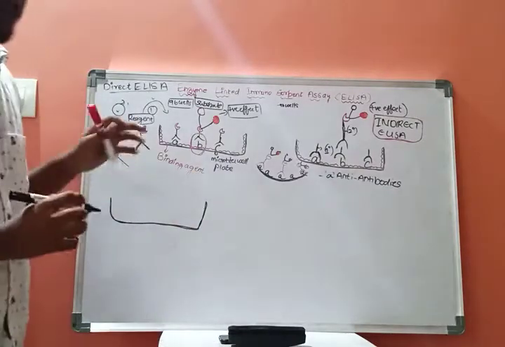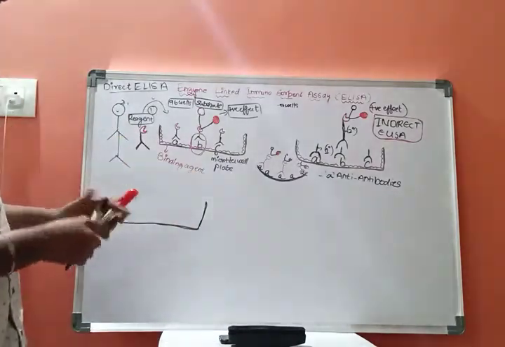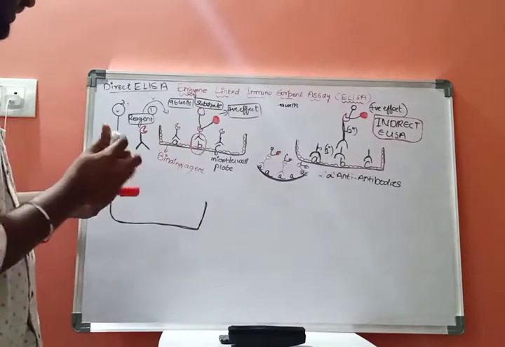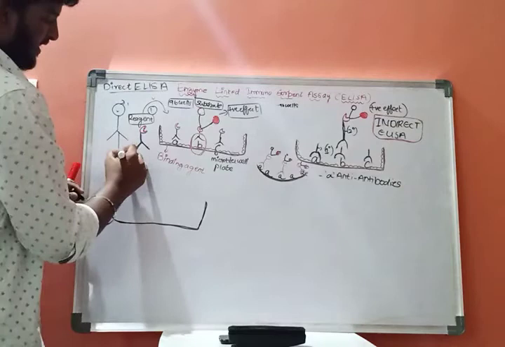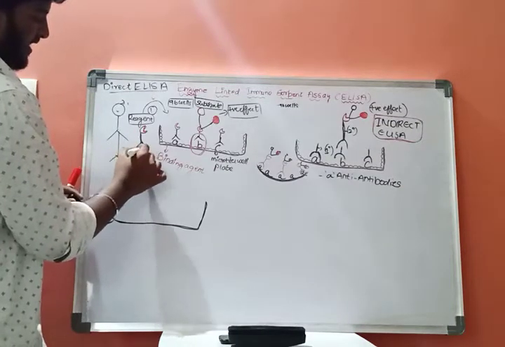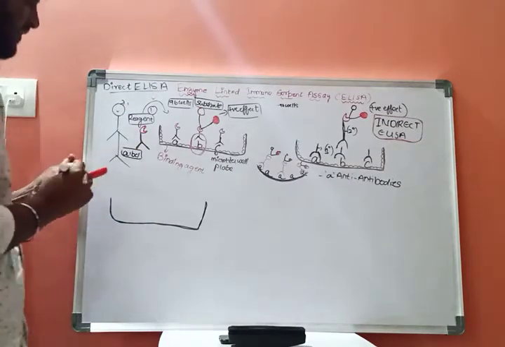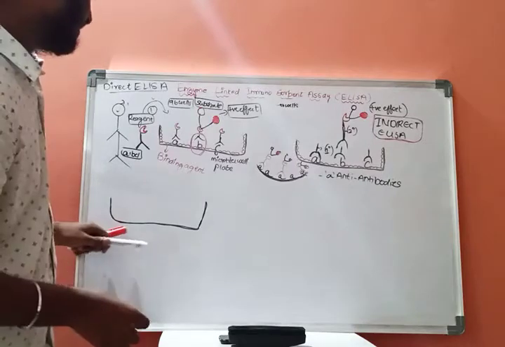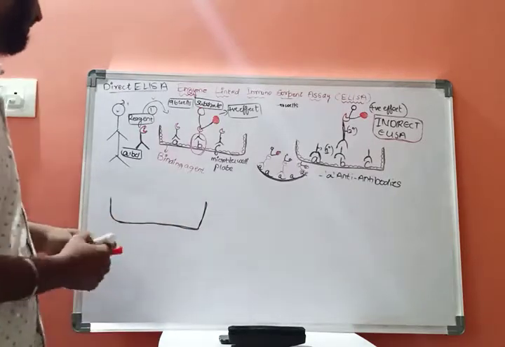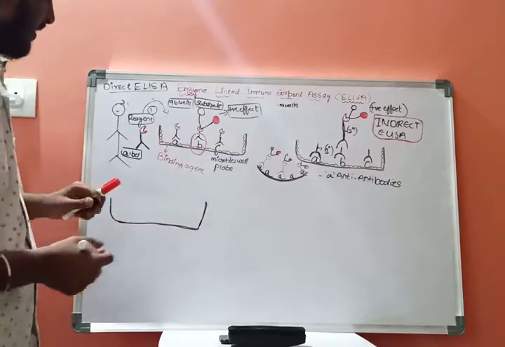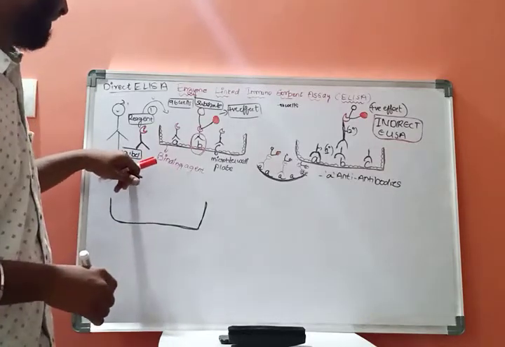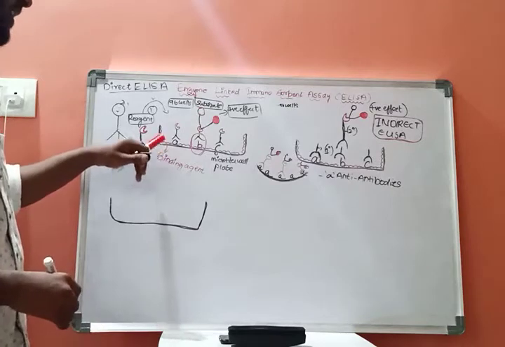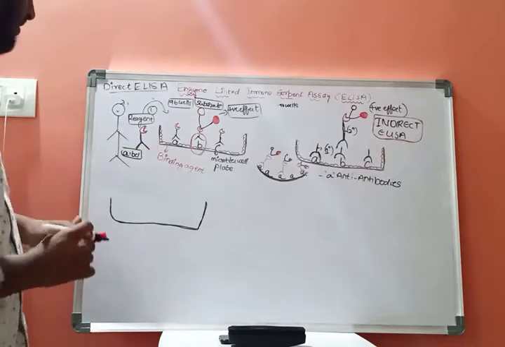This is a microtiter well plate which contains 96 wells, and here it contains A, B and C types of antigens. If we want to examine any one type of antigen, that is A or B or C, now let us examine B type of antibodies.